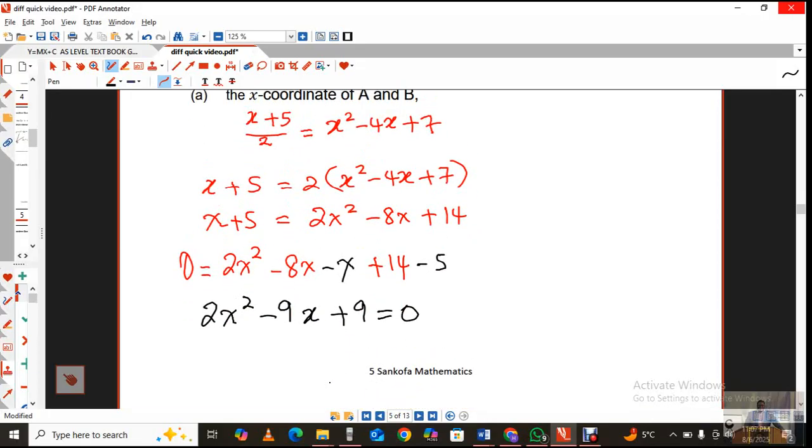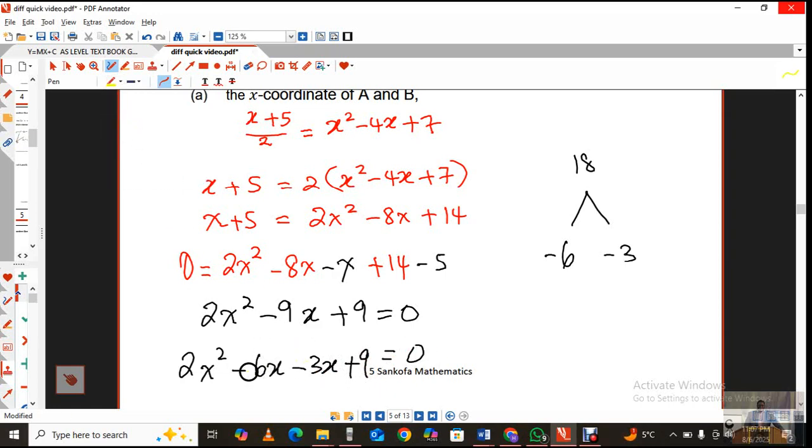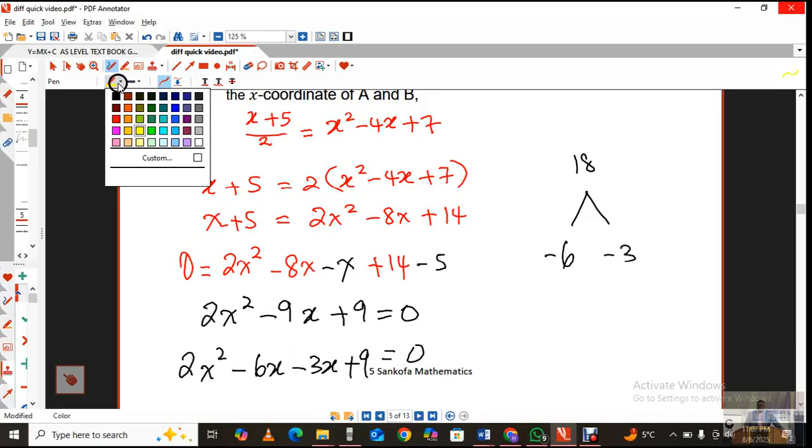Of course, the two numbers you should think of are negative 6 and negative 3. If you multiply them together, they give you 18, coming from 2 times 9. So I will factorize here, but there are easier ways to solve these types of equations. You don't have to do all this factorization, but I'm just trying to let people hang in there and see how far we get.